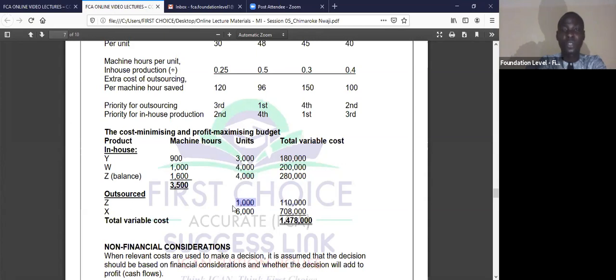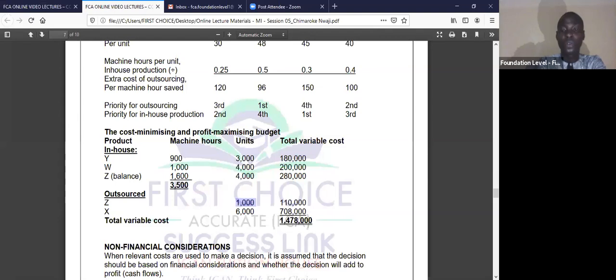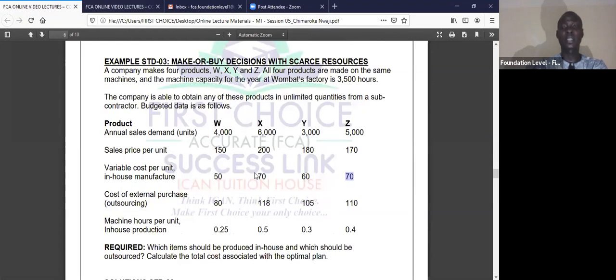It means your Z, you can outsource 1,000. And what is the quote for 1,000 for Z? It's 110 naira. So when you do that, 1,000 multiplied by 110 gives you 110,000. Then the whole of X, that is 6,000.